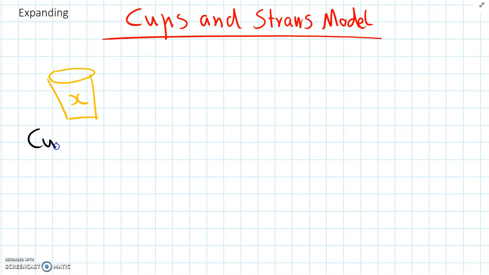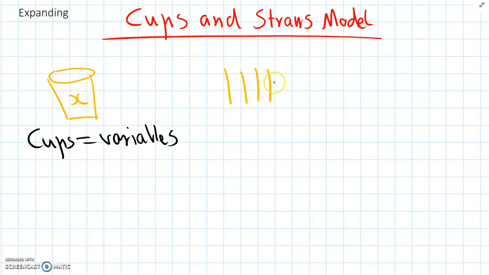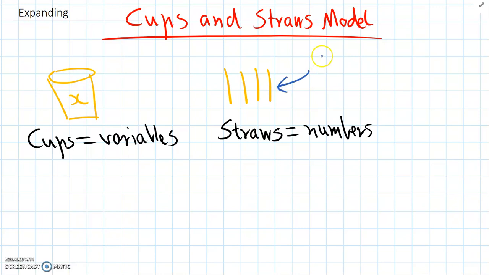So cups are variables, and if we have straws, these are just numbers. So here we have 4 straws, that's representing the number 4.